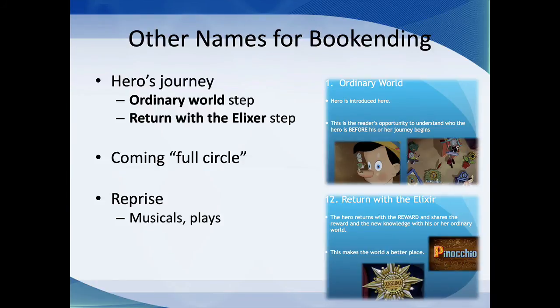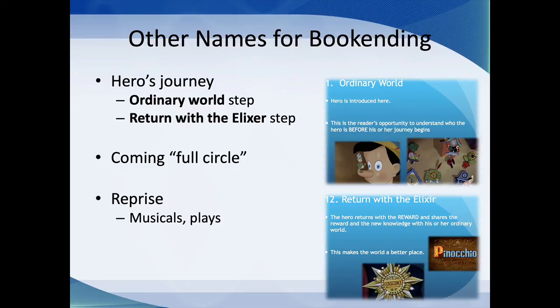Now, you will hear other names for bookending. People are probably talking about the same thing, but they might be using other terms. Sometimes when we're talking about the hero's journey, we say that a character starts in their ordinary world, and at the end they return with the elixir. Well, where are they returning to? Probably that ordinary world. So a text starts and ends in the same location.